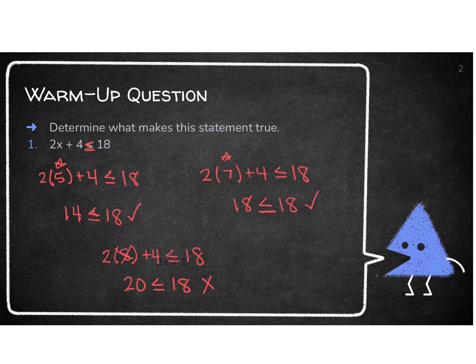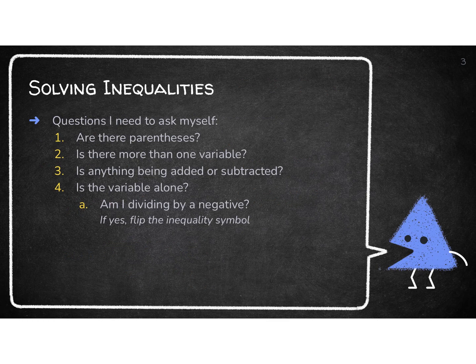Basically, when you're looking at inequalities, any of the less than, greater than, less than or equal to, greater than or equal to types of problems, you are going to find multiple solutions that work if you were to just plug numbers in, whereas when you had an equal sign, there was only the one solution that worked.